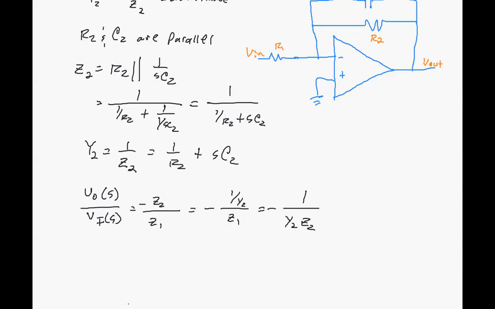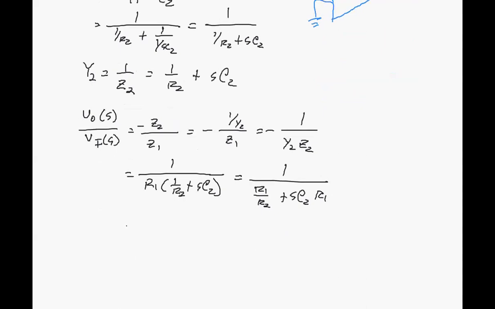And so then if we put in those values, we have R1 times 1 over R2 plus SC2, or 1 over R1 over R2 plus SC2 R1.